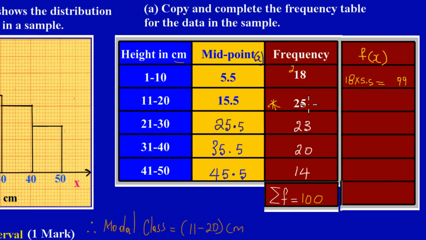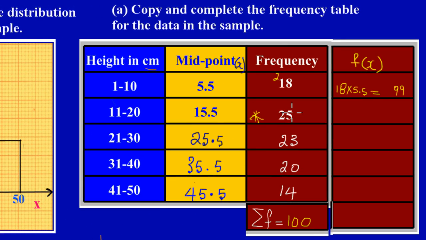In the second row, I have 25 for my frequency, so my f would be 25. So I'm saying 25 multiplied by my midpoint, which is x, 15.5, and I would have a total of 387.5. Okay, guys.